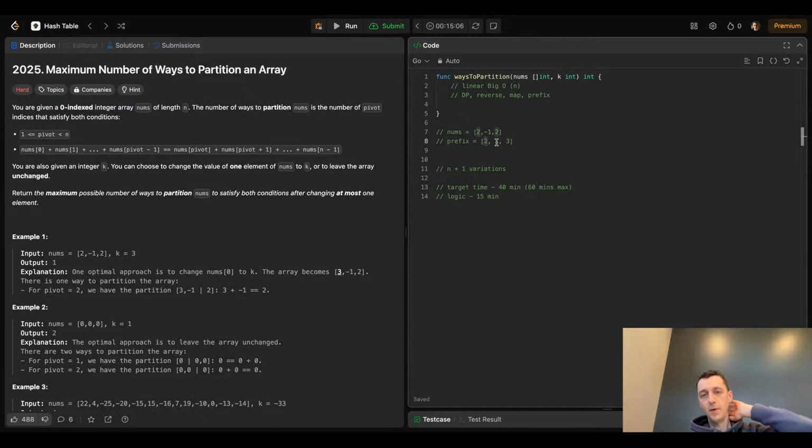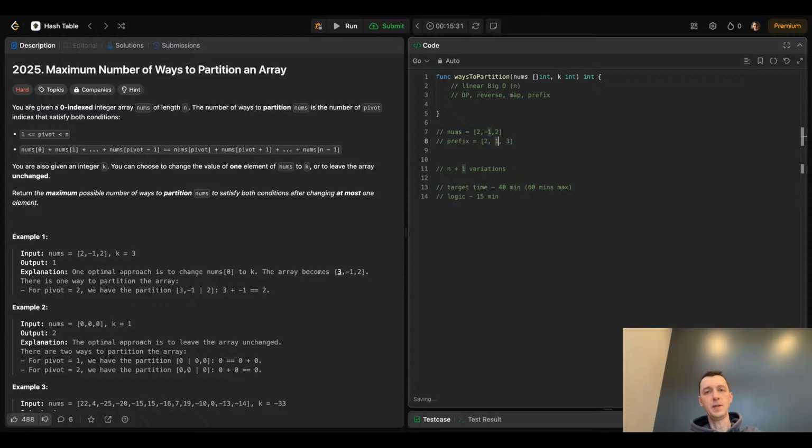And that range, we know that the last value is the total sum minus the remaining, so it will give us that sum.